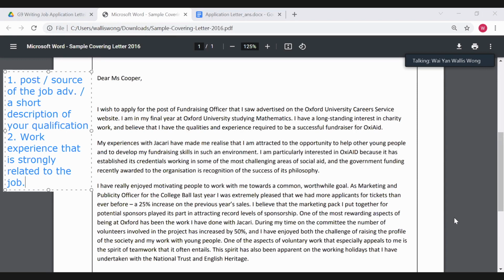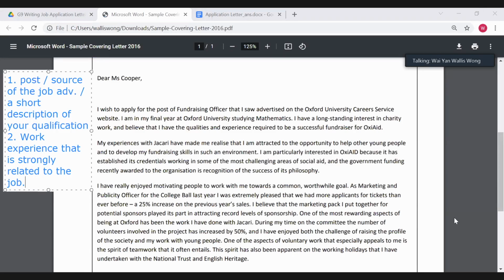Well, that is irrelevant. However, let's say that you don't have any work experience. Then you have to give elaboration and explain why it is related to the job. Understand? So what should you include in paragraph 2 other than work experience?